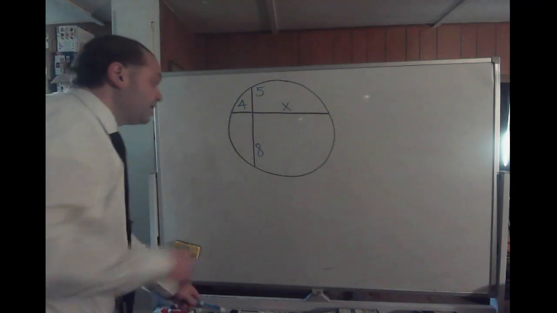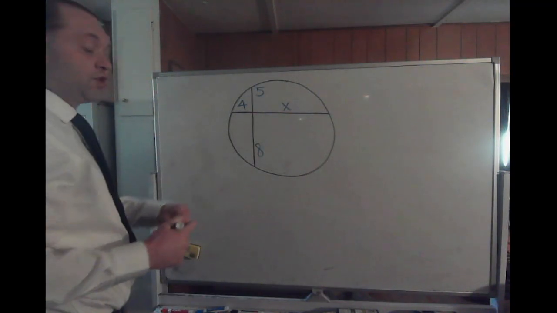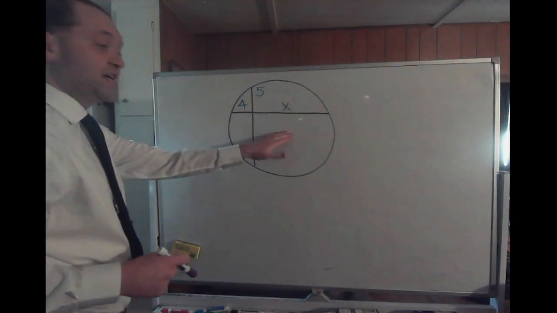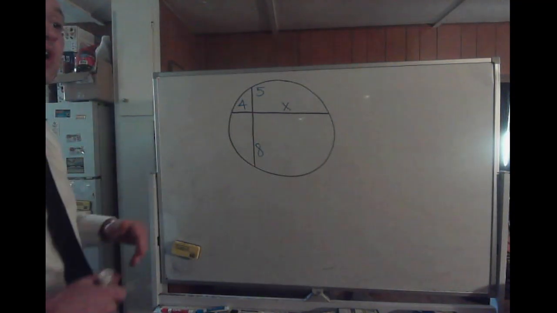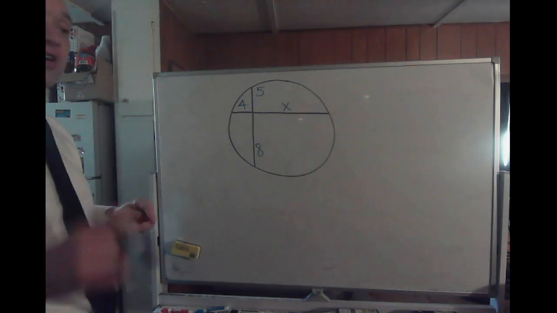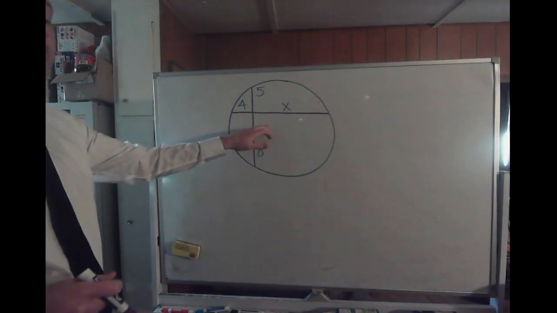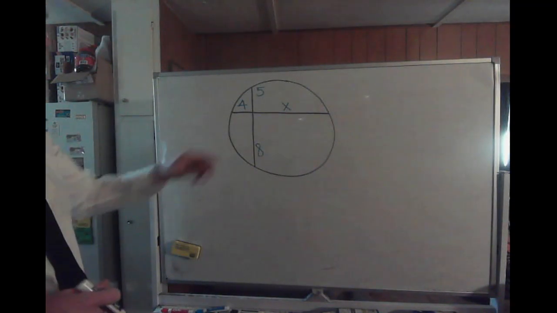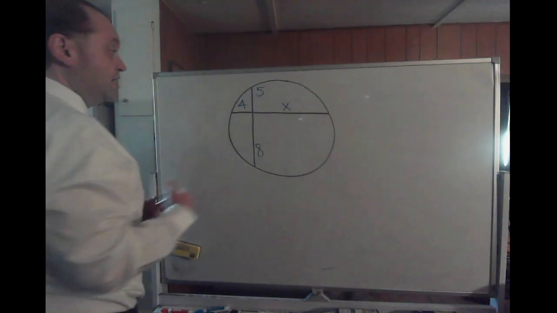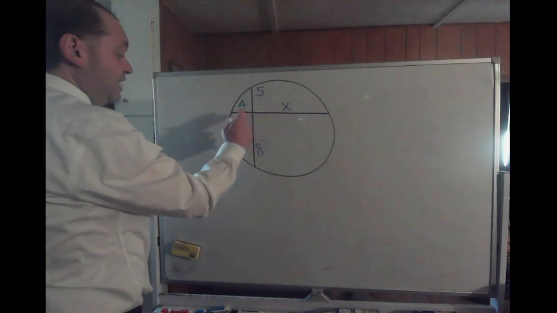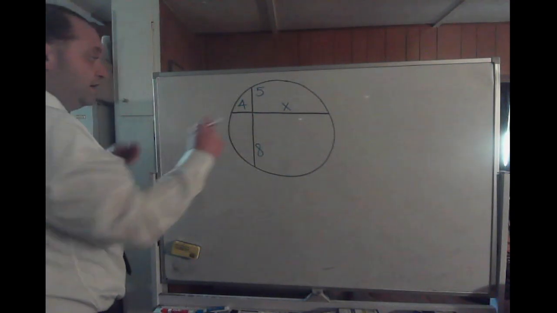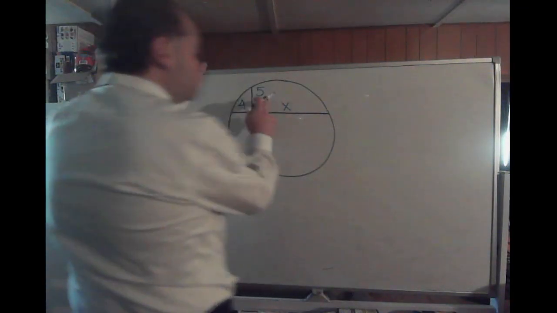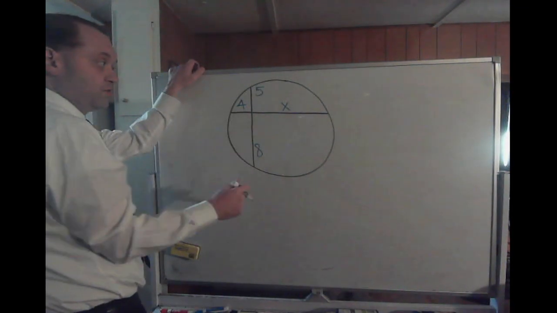We clearly here have a circle where you have two chords that intersect inside of the circle. What does that theorem say about finding lengths when you have two chords that intersect inside of a circle? That the product of the lengths of one chord are equal to the product of the lengths of the other chord.